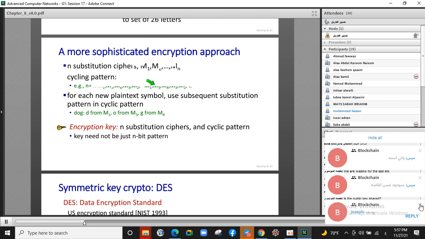For each character, I should find what the character should be replaced with in the ciphertext, for example ciphertext X. If you use this strategy, breaking it is a little harder, because for each character I'm using a different substitution.